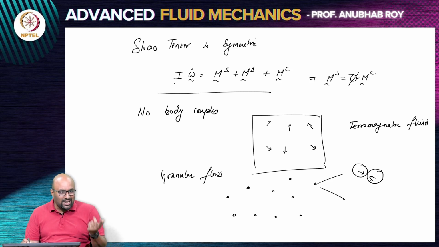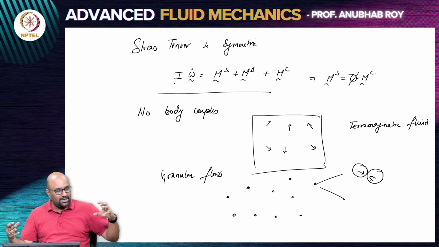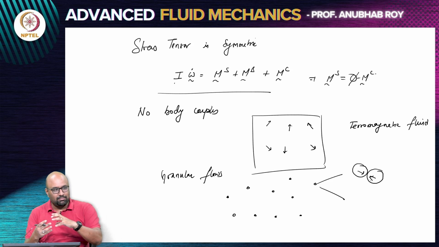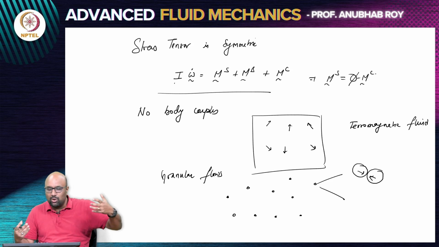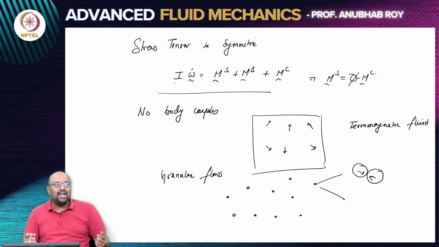But what will not happen is that two sand grains which come without any spin will gain any spin post collision. Think of two billiard balls, or two balls of anything that is easy for you to visualize. They come and collide, and post collision they are not going to gain any rotation.